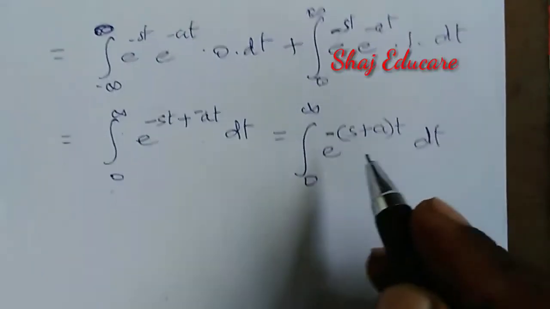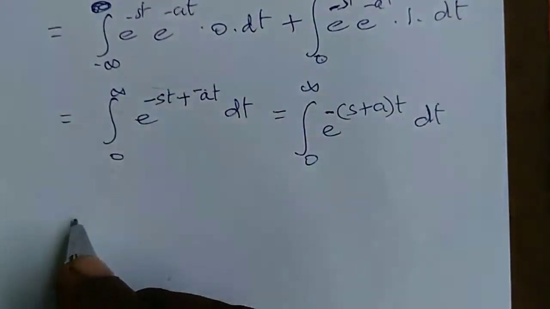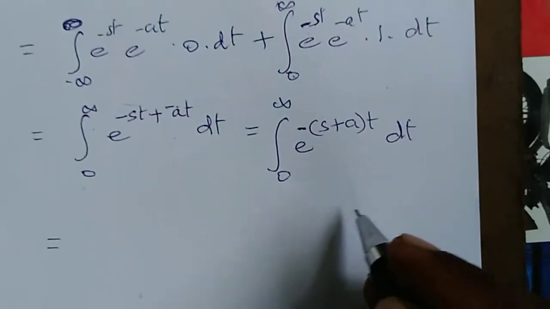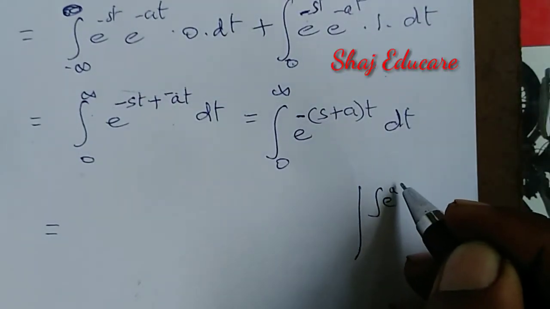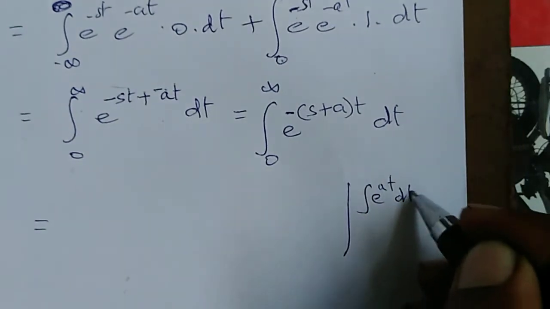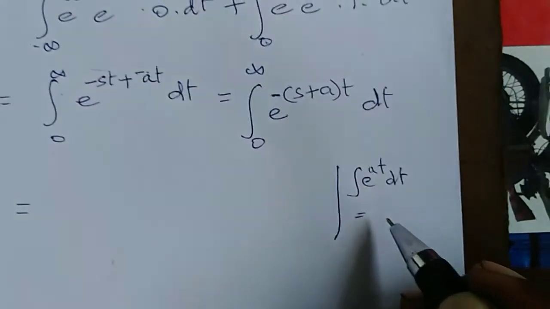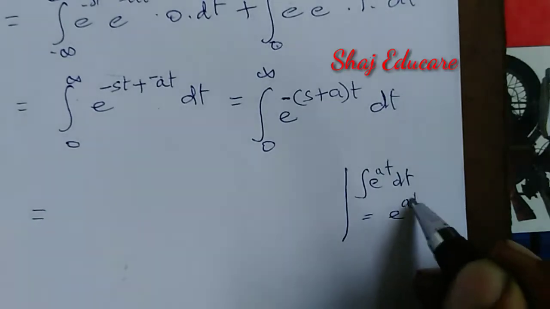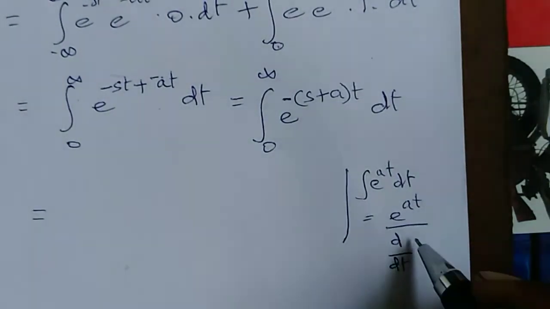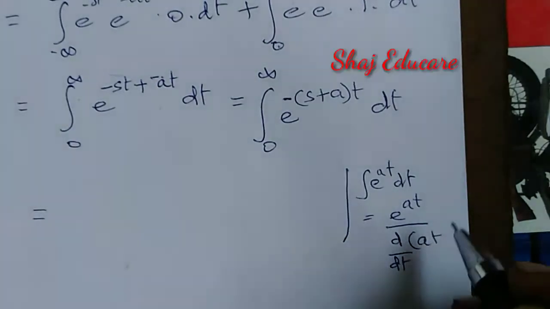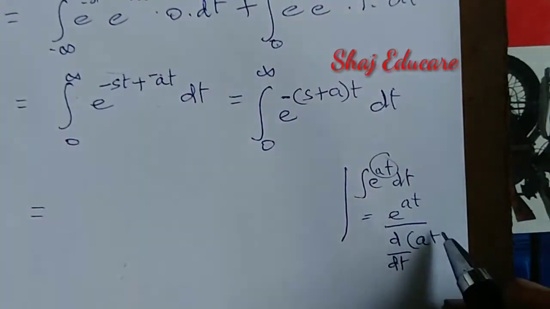Then let us integrate this exponent. We know that the integral of e raised to at dt is equal to e raised to at divided by d by dt of at.